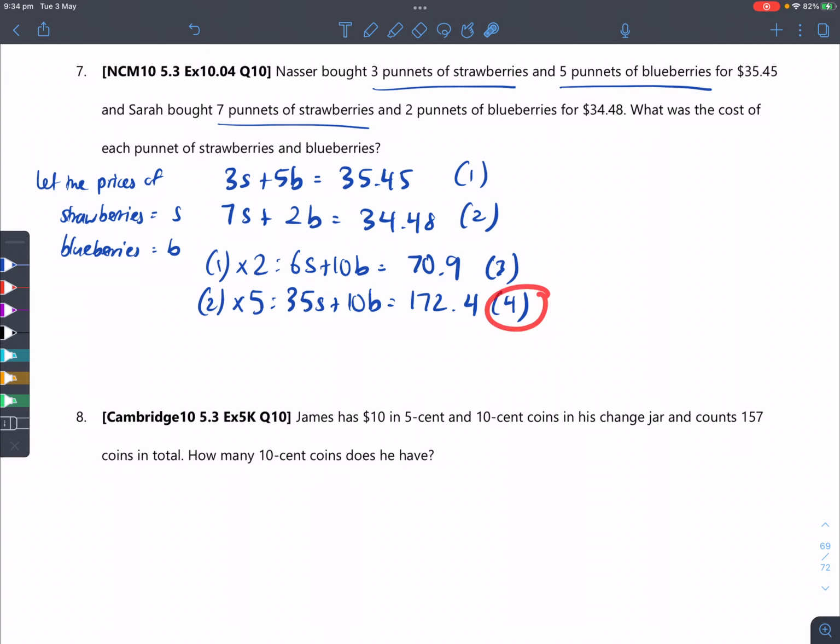Okay, so once I've done that, I'm ready to eliminate the 10B's. What I'll do is get equation 4 minus equation 3, just so that when you subtract these two, you get a positive answer. So 35S minus 6S is 29S. The 10B's cancel out, whereas 172.4 minus 70.9 is 101.5.